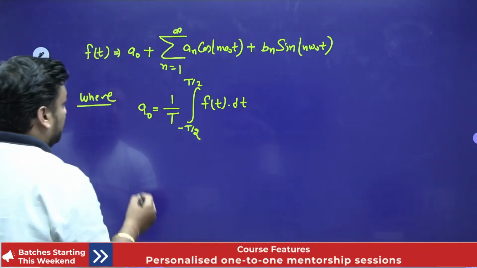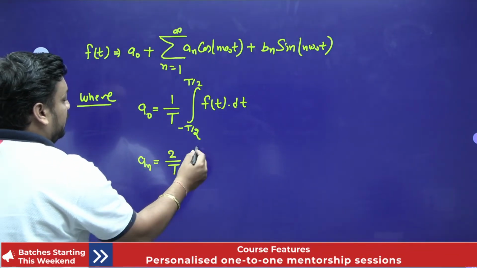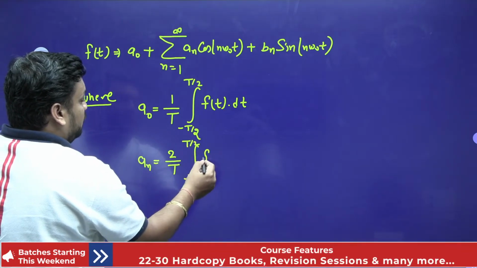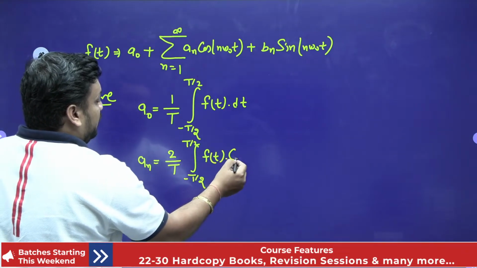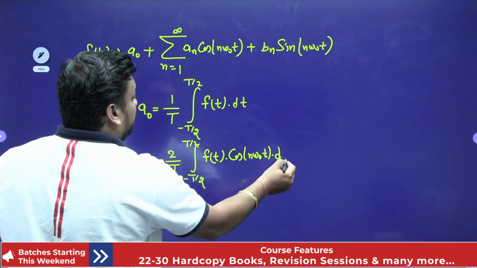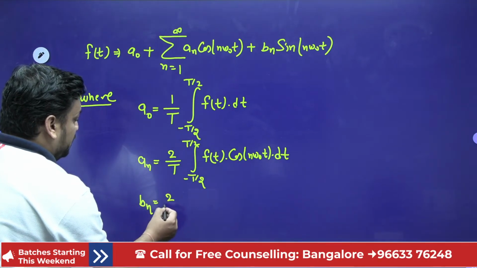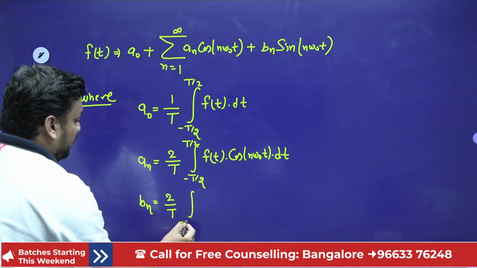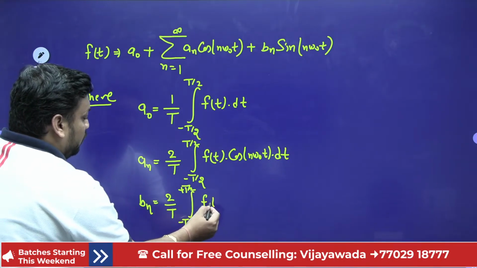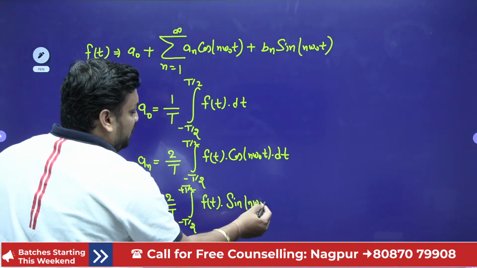Similarly, an is twice by capital T integration from minus T by 2 to plus T by 2 of f(t) into cos of n omega 0 t into dt. Similarly, bn equals twice upon T integration from minus T by 2 to plus T by 2 of f(t) dot sine of n omega 0 t into dt.